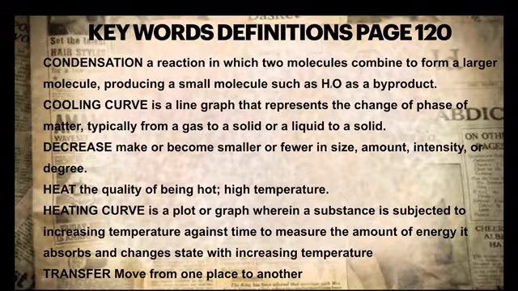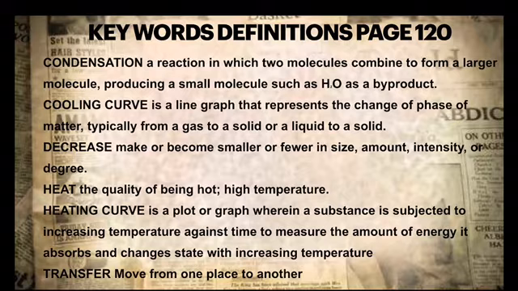Heating curve is a plot or graph wherein a substance is subjected to an increase in temperature against time to measure the amount of energy it absorbs in a changed state with increasing temperature.